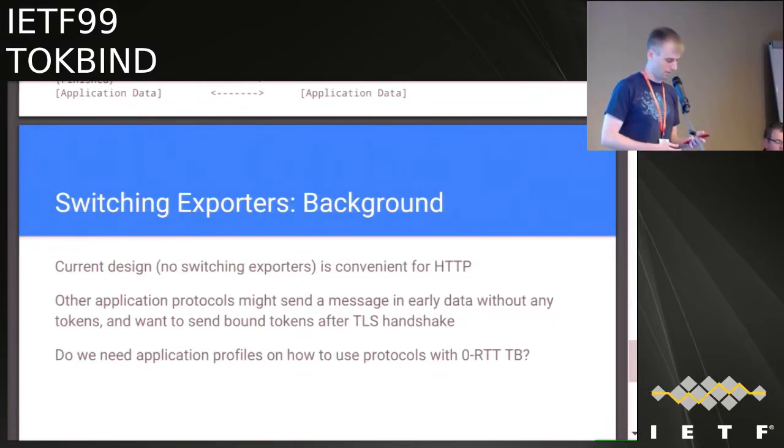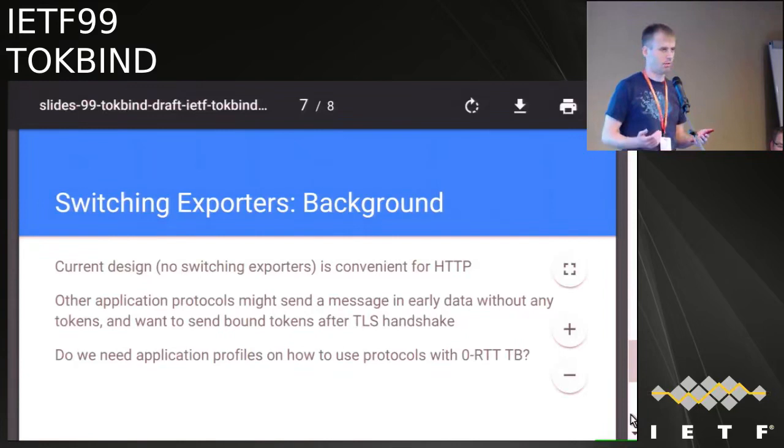So I've sort of reached this question of how much support we want to give, or how many other application protocols we want to be considering when designing zero RTT token binding, and whether this use case of not sending a bound token in early data falls under zero RTT token binding.